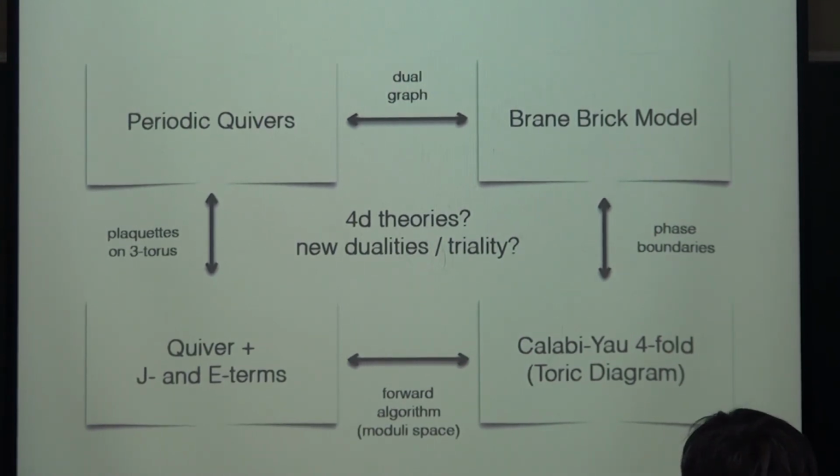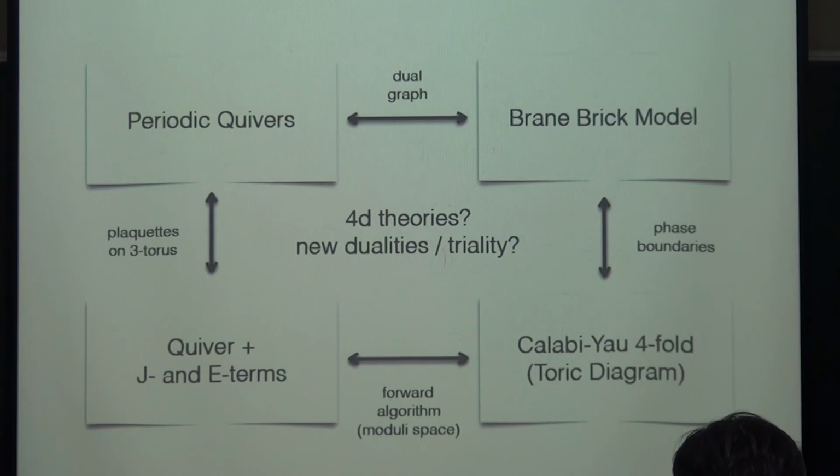For instance, how is triality interpreted in terms of these brane brick models? Can we compute elliptic genera of these 2D 0,2 theories? Can we identify new types of dualities, etc.? So now we have a box of tools to study the brane configurations of these phenomena in 2D 0,2.